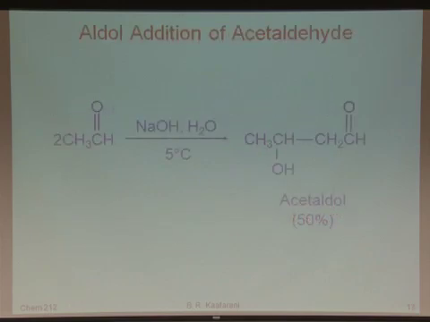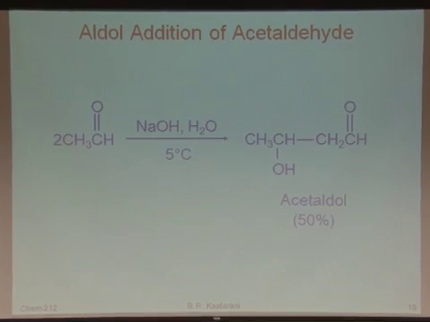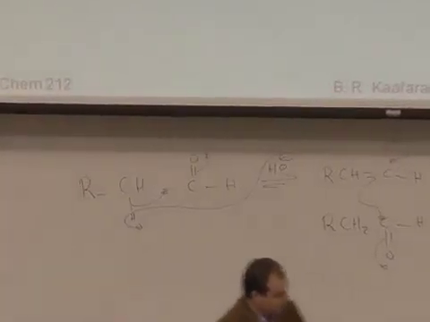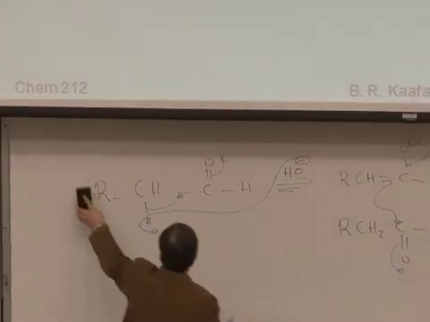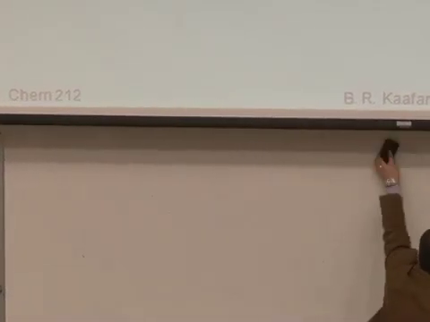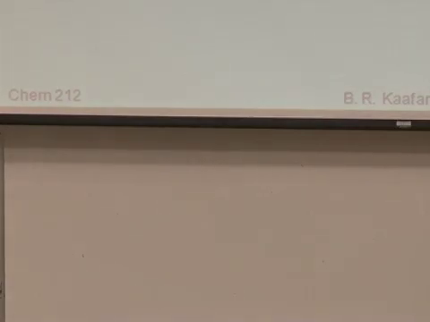So let's say I have acetaldehyde. I'm going to erase it, though it is exactly the same mechanism, and then I'm going to do it again. So what is the aldol product of acetaldehyde?